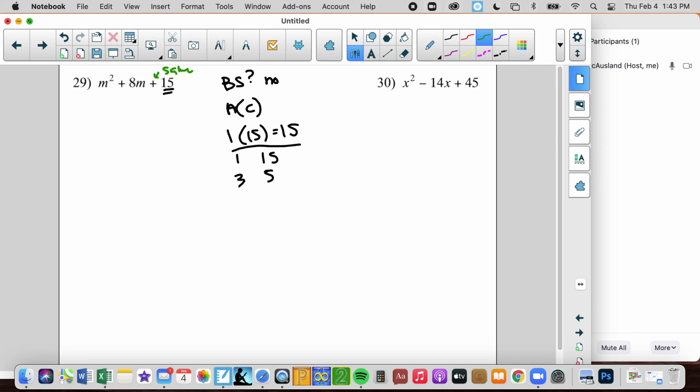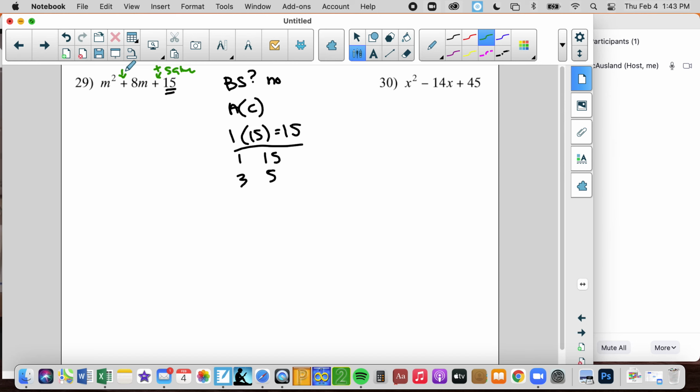When this is positive, we know that means the signs are the same. And then we look here to find out that they're both positive. So we put those signs in our factor pairs. 1 plus 15 is 16, 3 plus 5 is 8. Which one is equal to my middle value? The 8. So I'm going to rewrite these, and I'm going to turn these 3 terms into 4 terms.